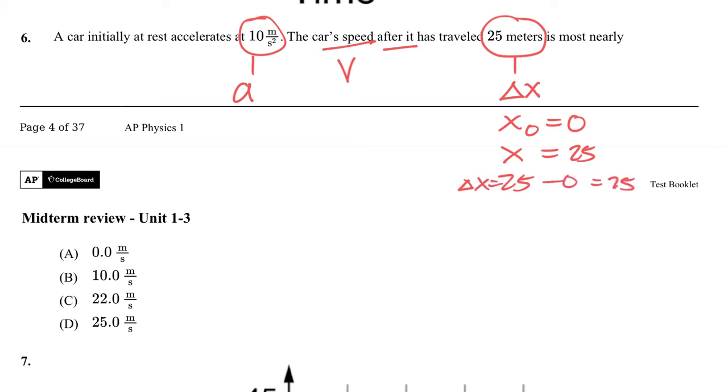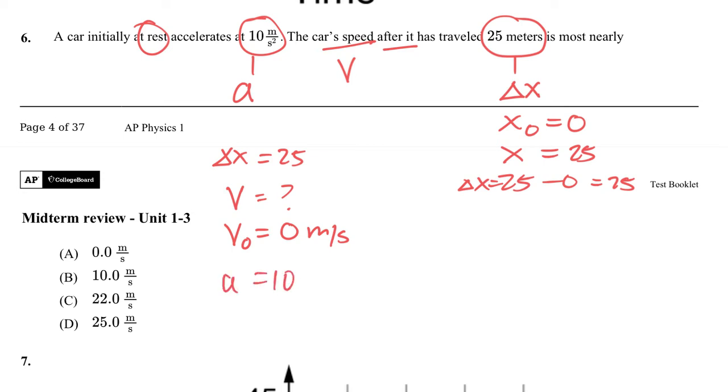Okay. So let's set up our toolbox. Change in position is 25. v naught: the car is initially at rest, so 0 meters per second. v is what we're looking for. Acceleration is 10, and we are not given time at all.